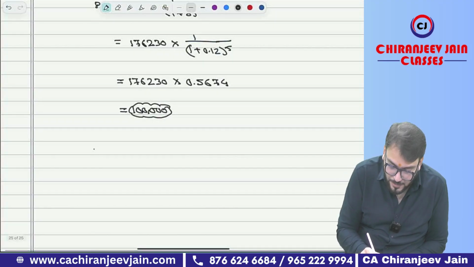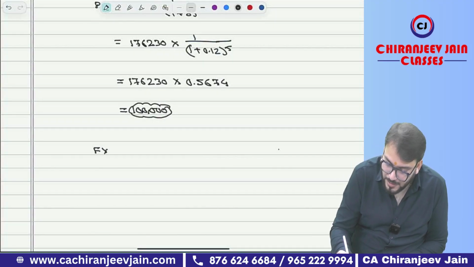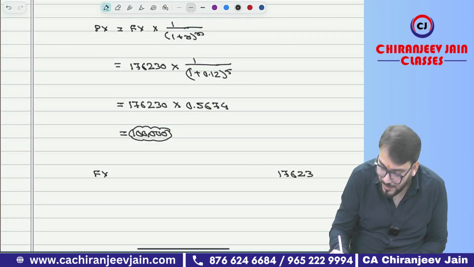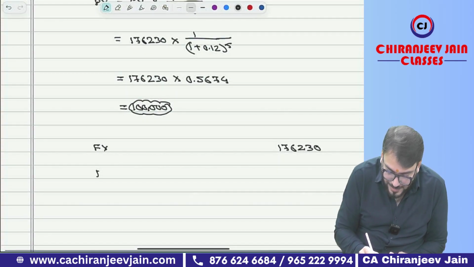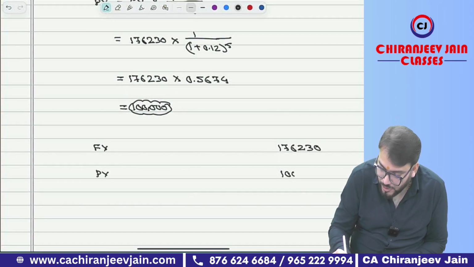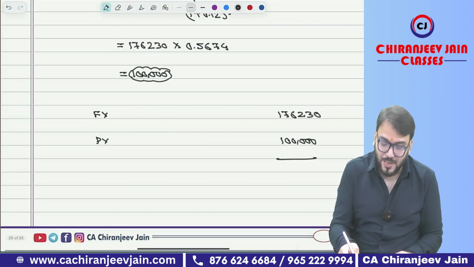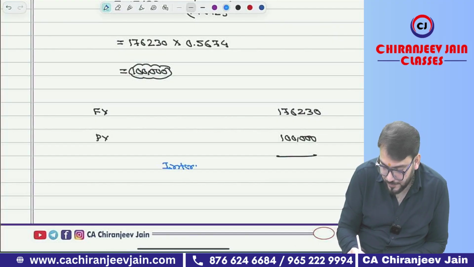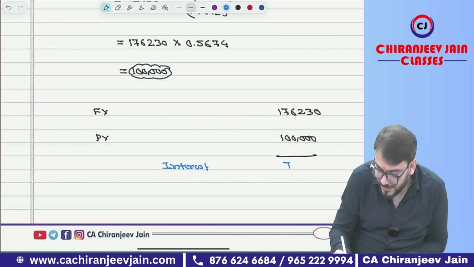And you can see future value is equal to 1,76,230 and present value is equal to 1 lakh. The difference between future value and present value is interest. We call it interest. So how much interest? 76,230.